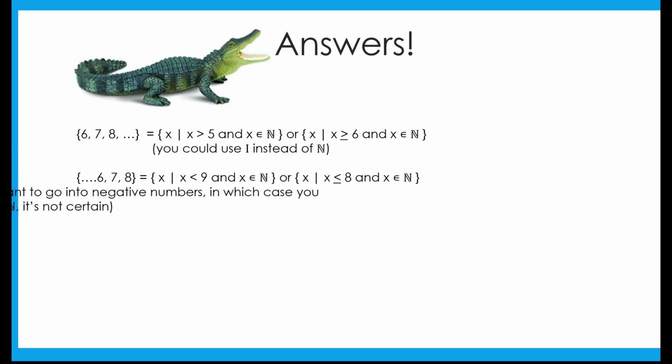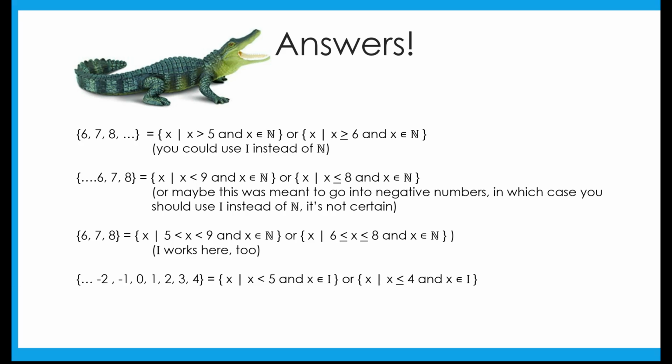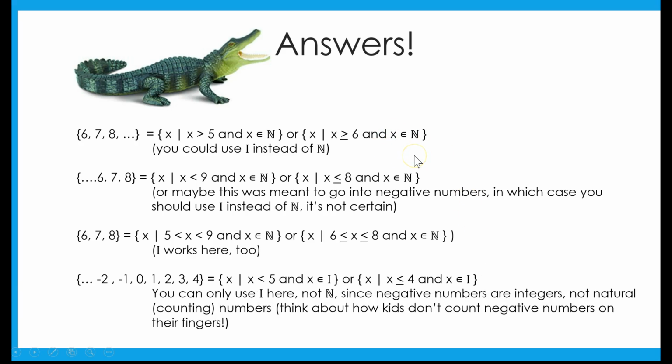Okay, here we go. So take a minute to look and see if your answers matched mine here. So I pointed out that in most of these cases you could use I instead of N and it doesn't matter. Except for the bottom case, you can only use I, not N, because we have these negative numbers.